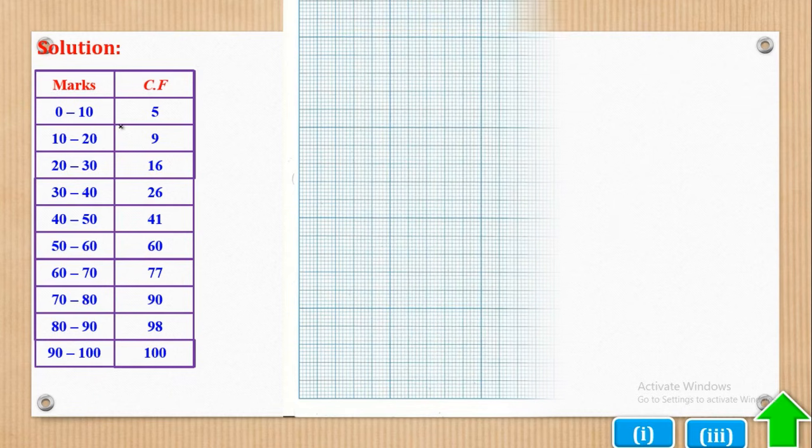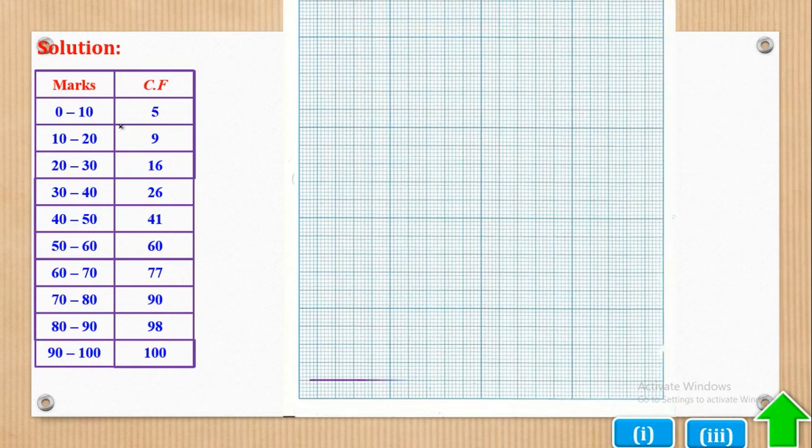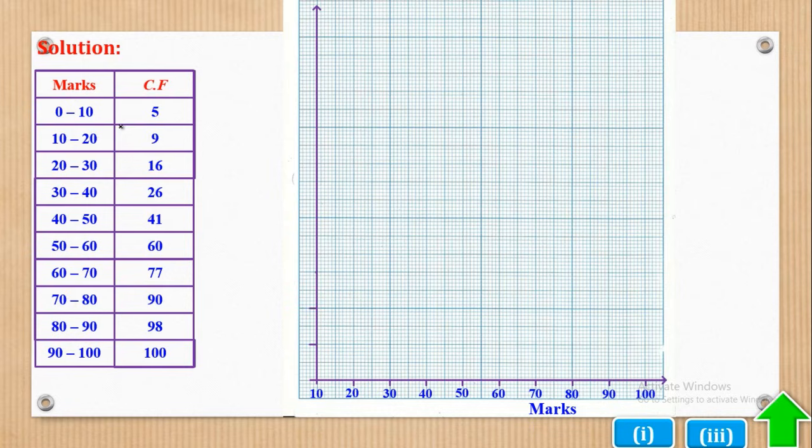So we shall get a graph paper, then draw the horizontal axis and also the vertical axis. After that we shall put a scale for the horizontal axis. Then we shall also do the same for the vertical axis. Okay, then we shall start plotting.